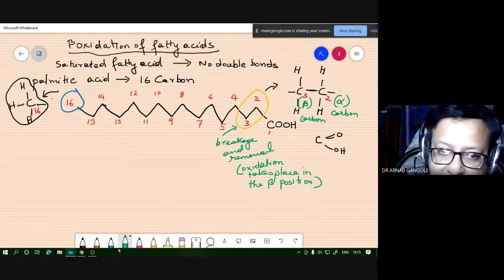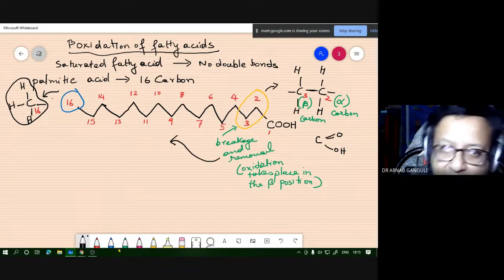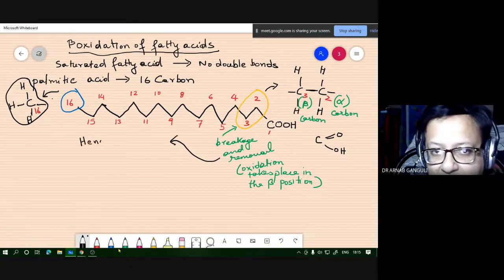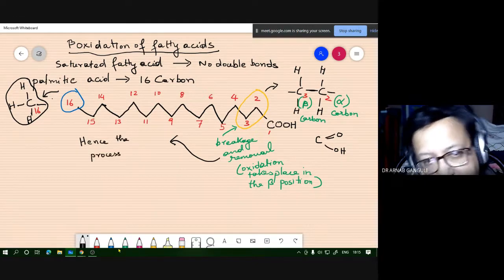Hence, the process is called beta oxidation.